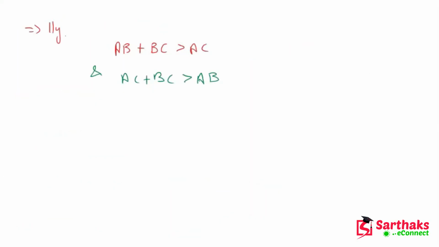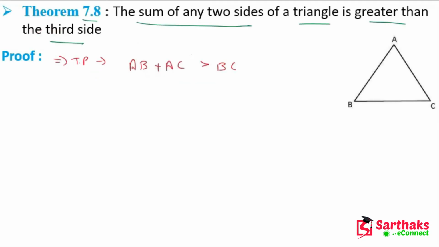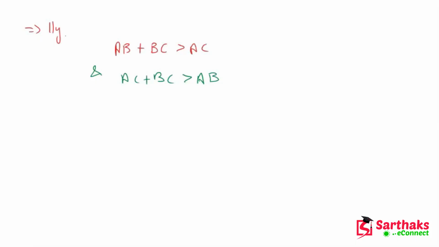So this is theorem 7.8. What is the theorem? The sum of any two sides of a triangle is always greater than the third side. I hope you understand these things.